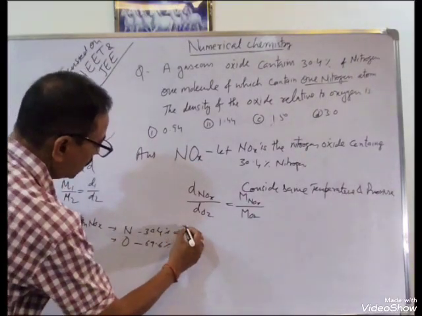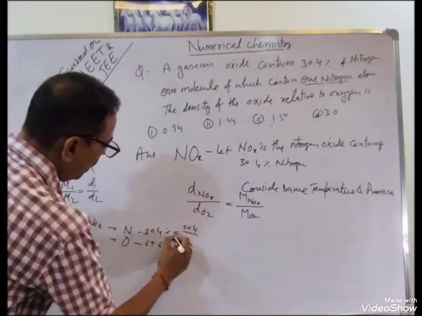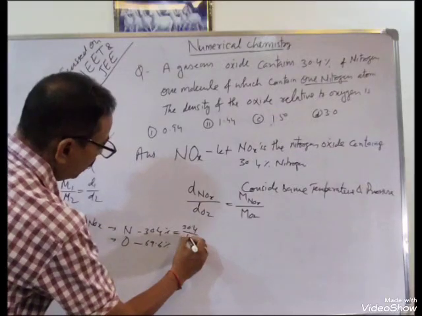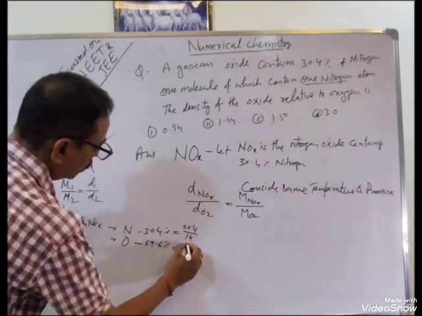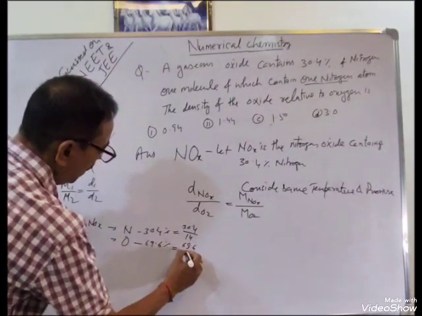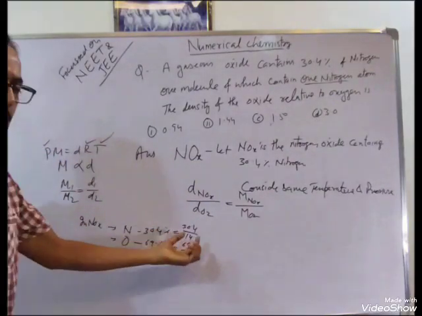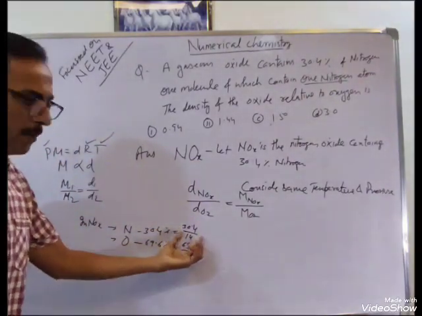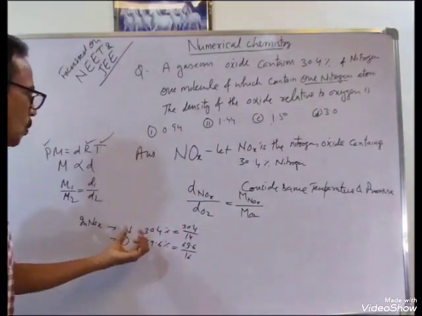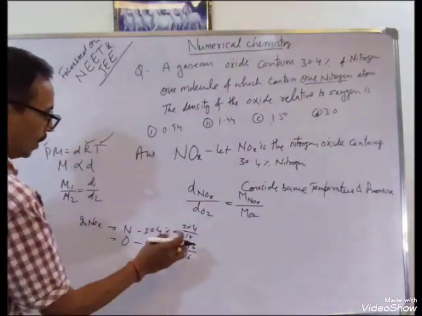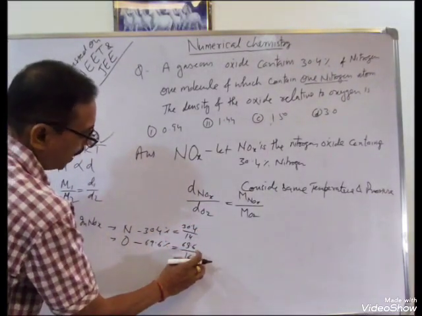So it will be 30.4 divided by 14 for nitrogen, and for oxygen 69.6 divided by 16. This gives the atoms present with respect to each other.